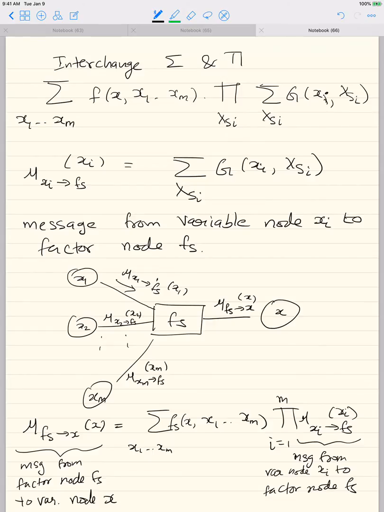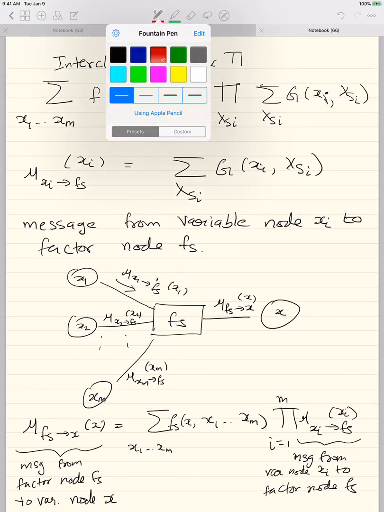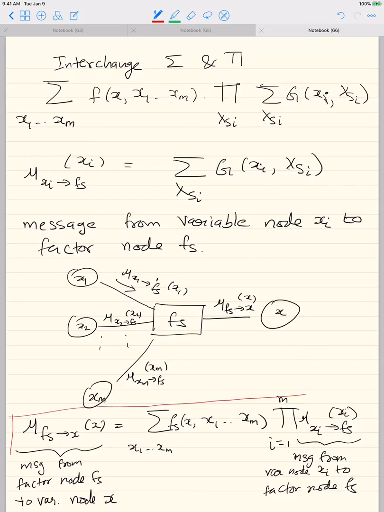So the point here is that given the messages coming from the downstream variable nodes of fs, we can combine them using this particular relationship to send a message from the factor node fs to the variable node x.